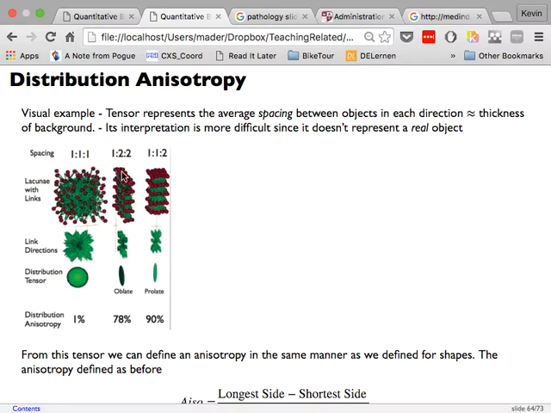If we have objects that are distributed in sort of strings, so where they're close in one direction and far away in the other two directions, so this is kind of the average spacing that we have, you then extract the distribution tensor, and it gives you an oblate structure, so a very plate-like structure. And so you can look at the shape of this and say, based on this, it looks like the objects are kind of distributed in strings.